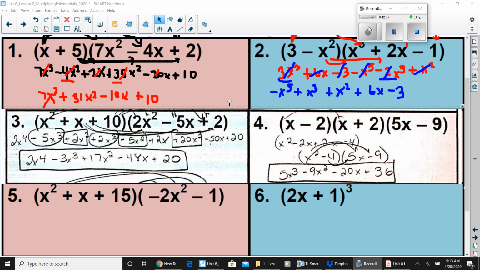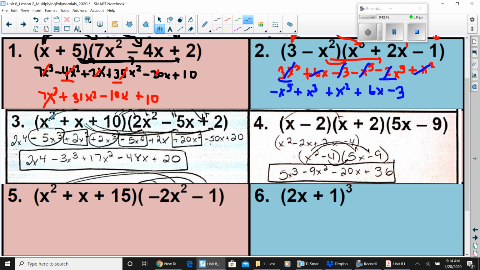answers. So we have x squared plus x plus 10 times 2x squared minus 5x plus 2. Okay, so the first thing that you would have to do again is to distribute this x squared over to the 2x squared, and that is 2x to the fourth, and that's where she's getting this from.